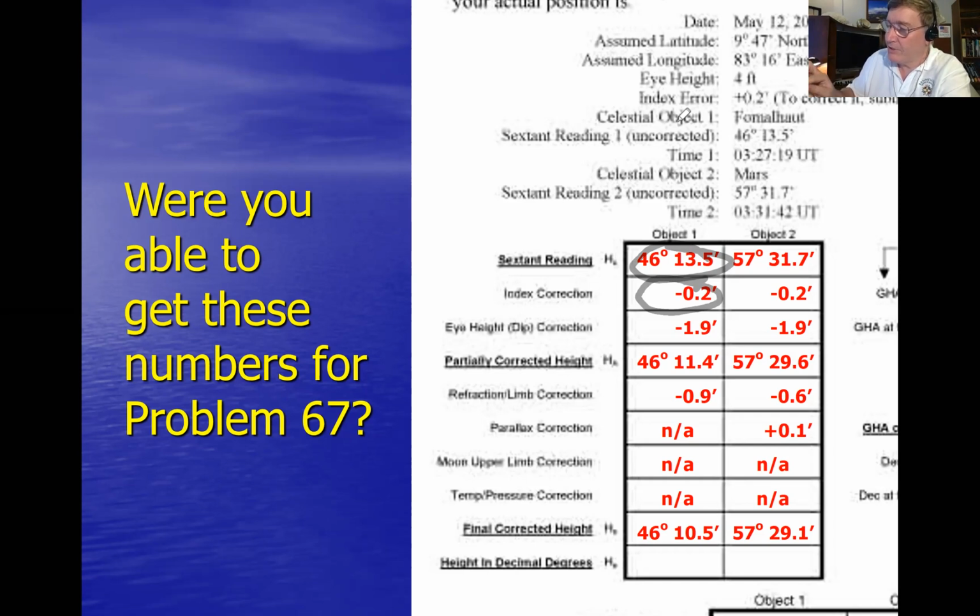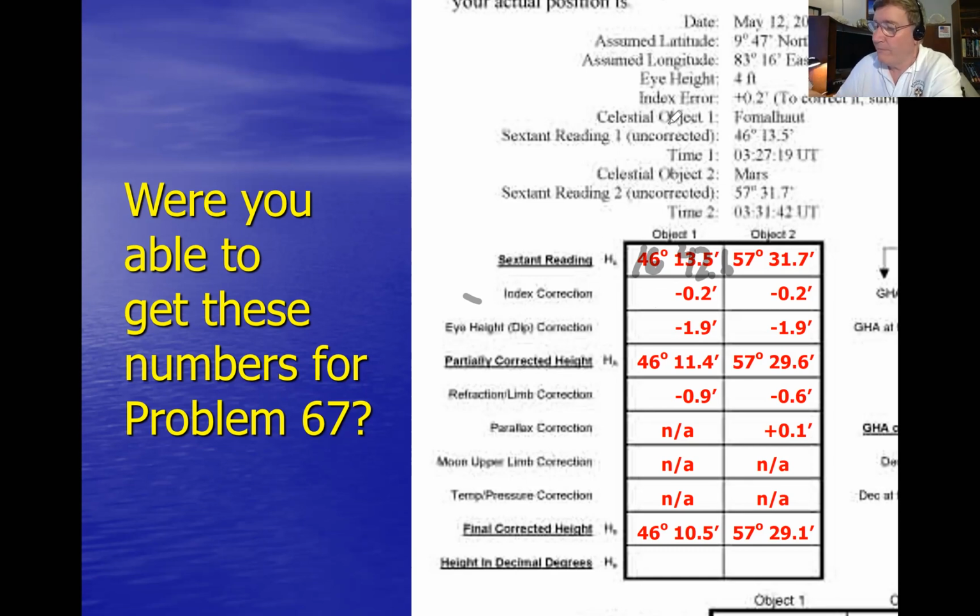So the sextant reads negative 0.3 when it's supposed to read 0. So when we measure something on the sextant, let me write this in here, if the sextant reading is 16 degrees and 42.6 minutes, for the index correction are we going to add 0.3 or subtract 0.3?